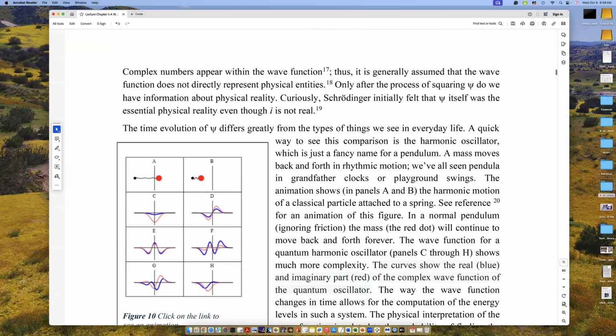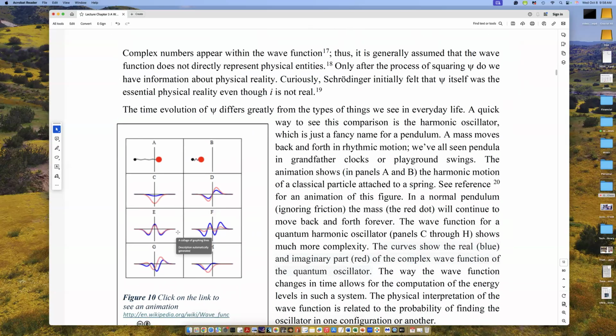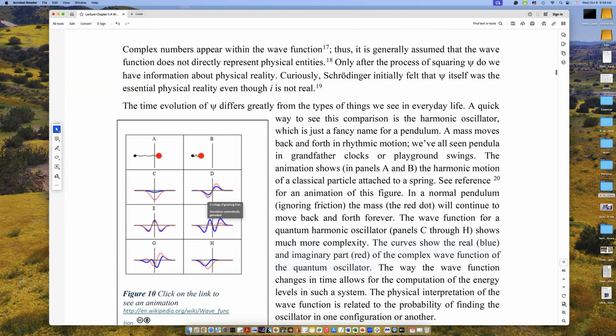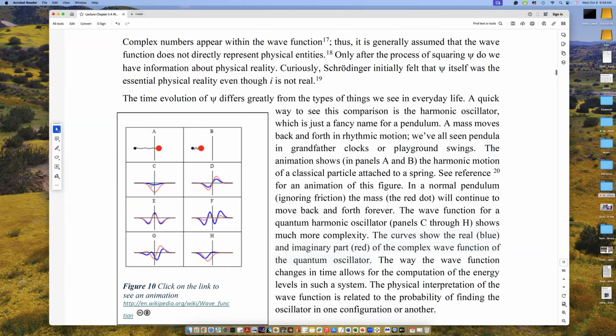Now, here's what wave functions look like. This is actually an animation. Right here is the link. If you click on this, this is the way the wave function for a quantum mechanical pendulum behaves. And remember, I said the wave function can have an imaginary part because the square root of -1 is included.